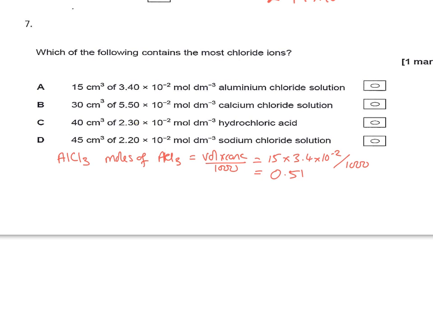Now to work out how many ions we've got, we would then need to times that by 3 and times it by Avogadro's number. But as we'd have to times them all by Avogadro's number, I'm just going to times it by 3.